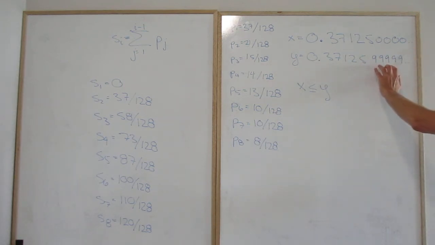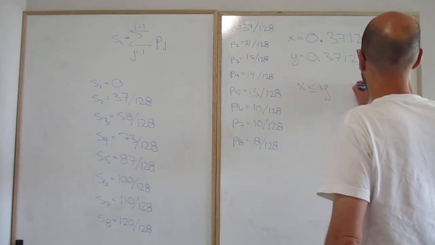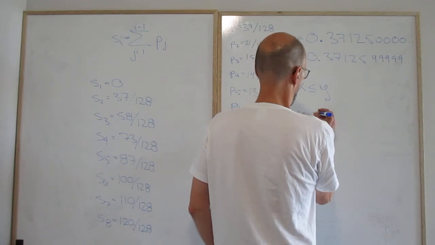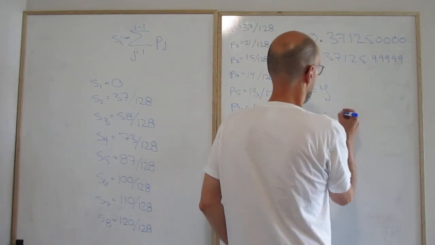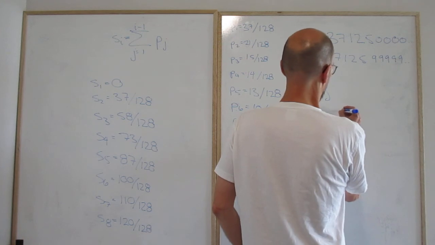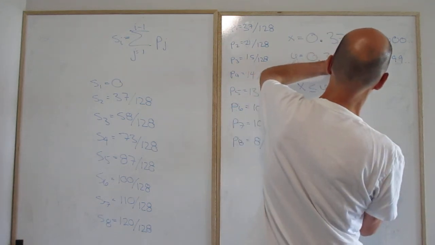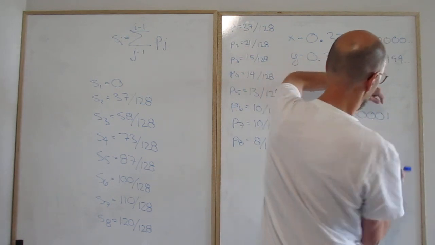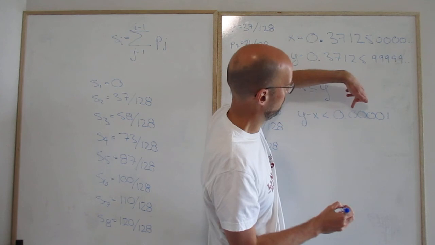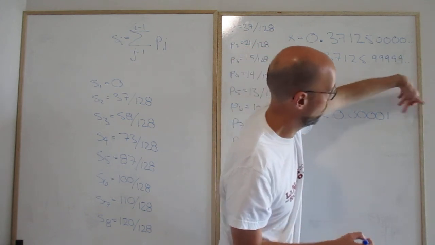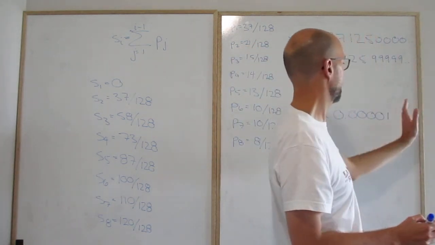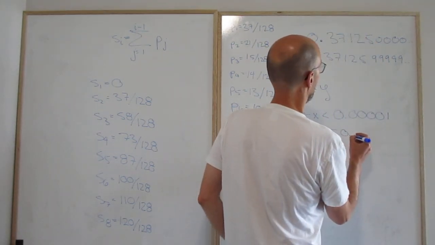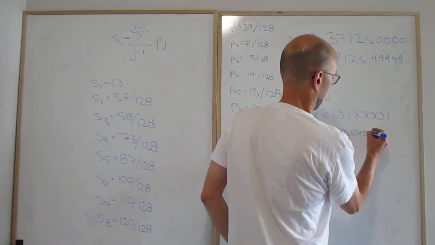So the difference, y minus x, is less than 0.599999 minus 0.500000.